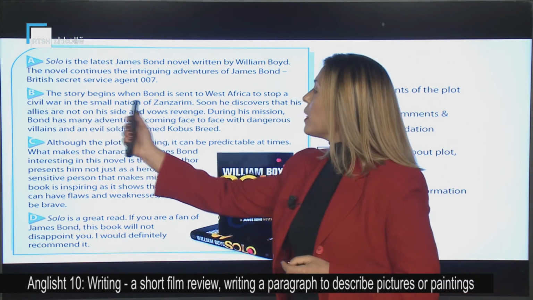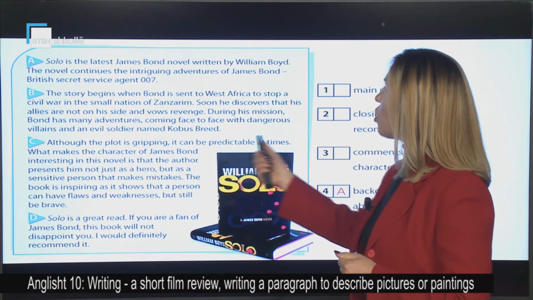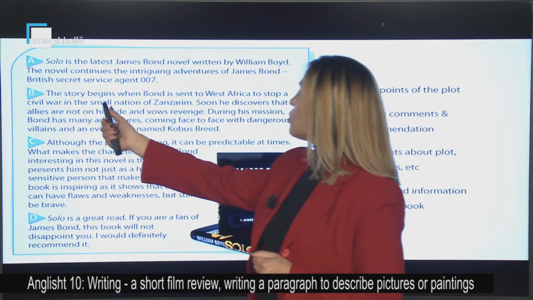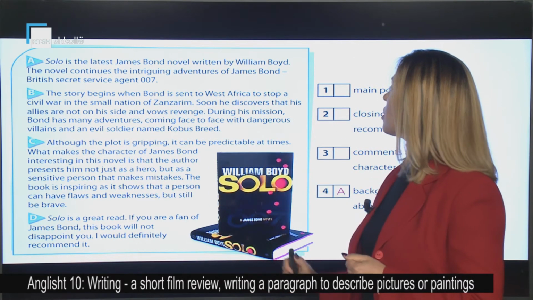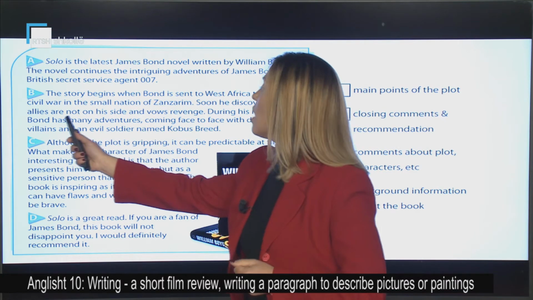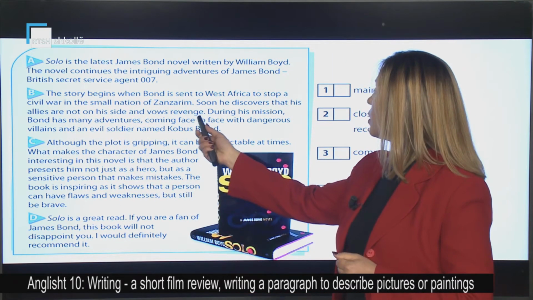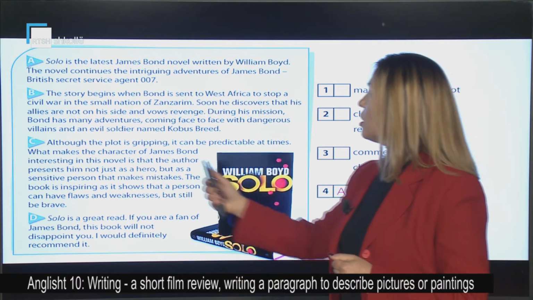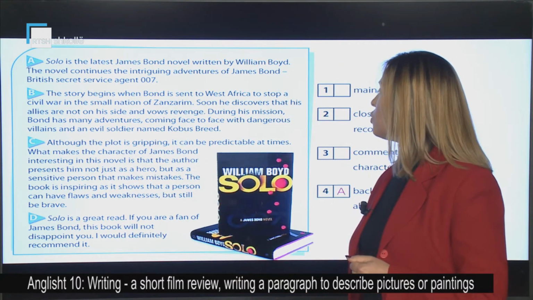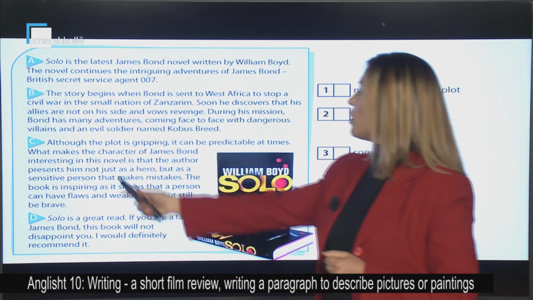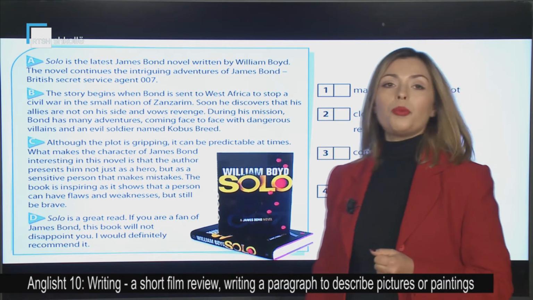The story begins when Bond is sent to West Africa to stop a civil war in the small nation of Zanzibar. Soon he discovers that his allies are not on his side and vows revenge. During his mission, Bond has many adventures, coming face to face with dangerous villains and an evil soldier named Cobus Breed.